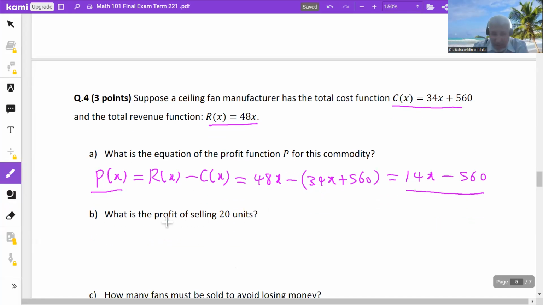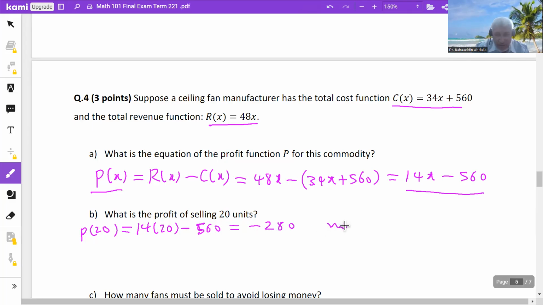What is the profit of selling 20 units? So he's asking about profit of 20. Replace x by 20. Well, it would be 14 times 20 minus 560. And if you use the calculator, you will find the answer is negative 280.